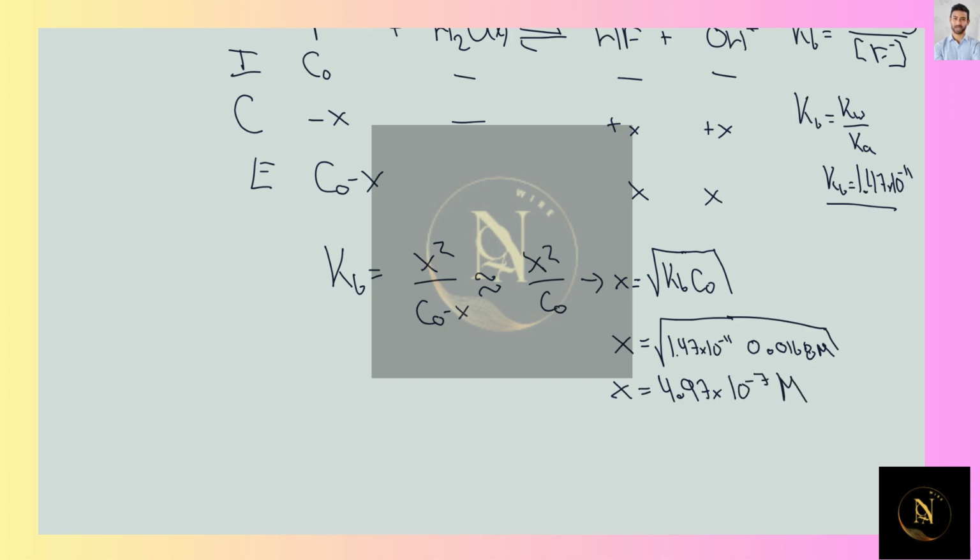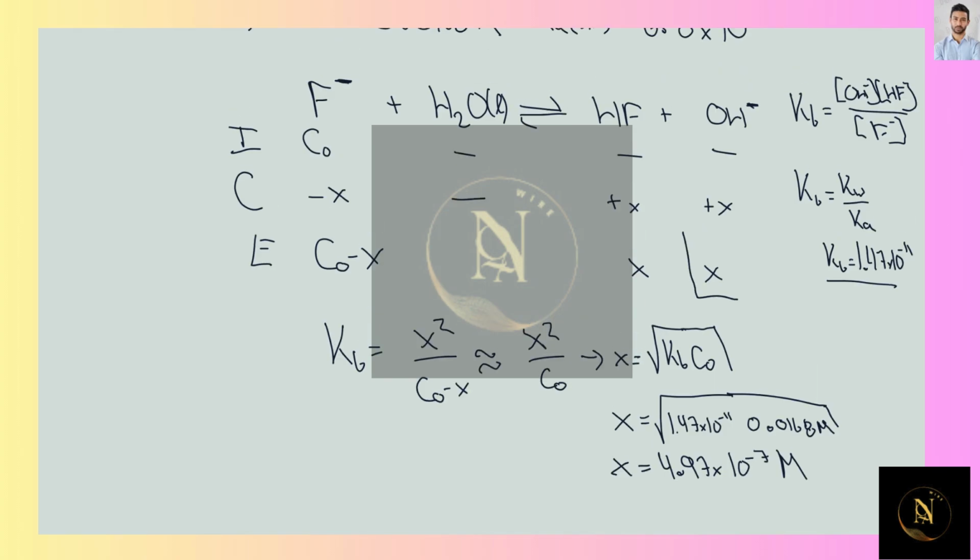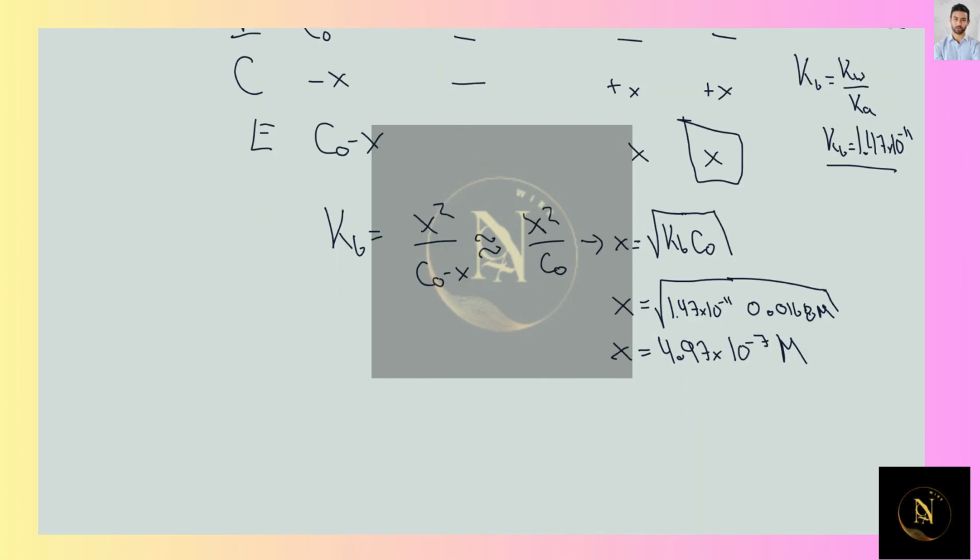Now, this concentration is not going to be the value for H plus, right? This is the concentration of OH minus. So now we can calculate the pOH, which is minus the logarithm of the concentration of OH minus, giving us a value of 6.3.